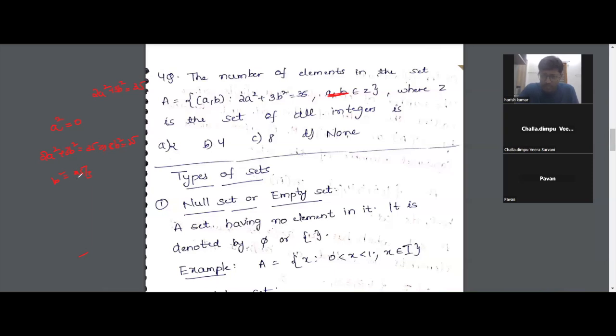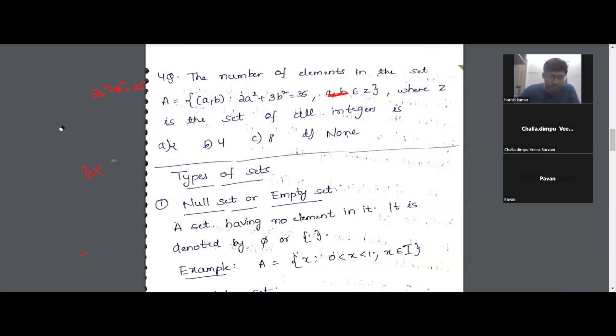But is this possible? No, sir, because b also has to be an integer. So this is not possible. So a square equals 0 is straight away ruled out.